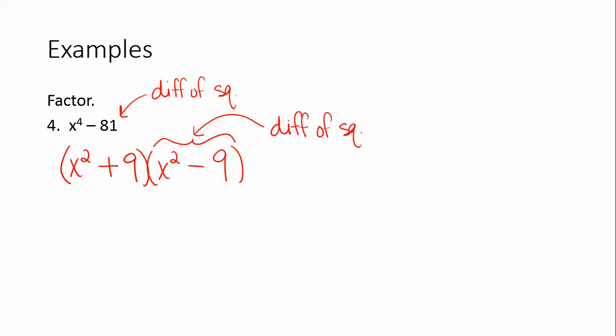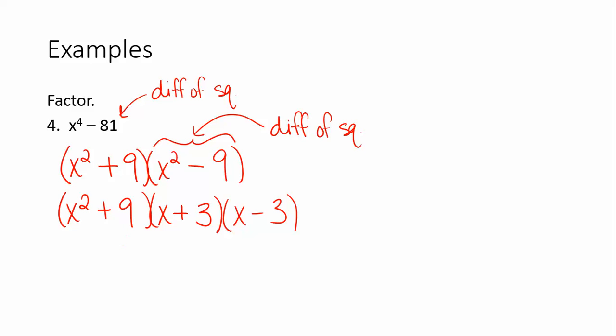And I believe we talked that there's no such thing as a sum of squares, so the x squared plus 9 has to stay put. But this x squared minus 9 can actually be broken down one more time into x plus 3 and x minus 3. And so that's a little bit hidden. We need to bring down the x squared plus 9 because it's still part of our answer. But this back binomial, or back factor, was also a difference of squares.